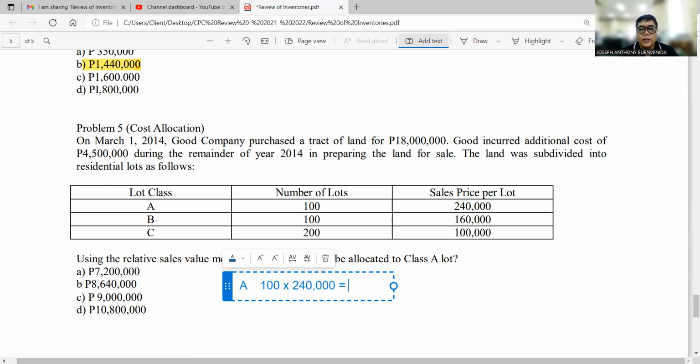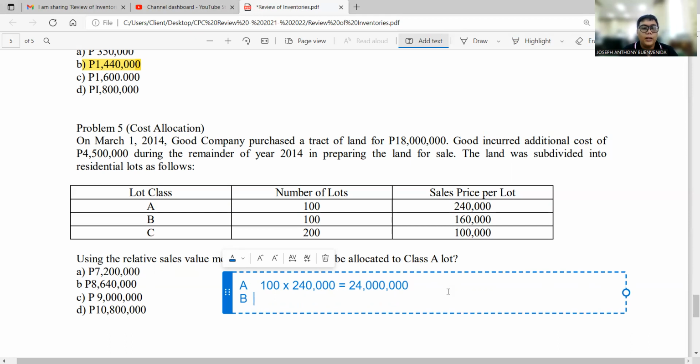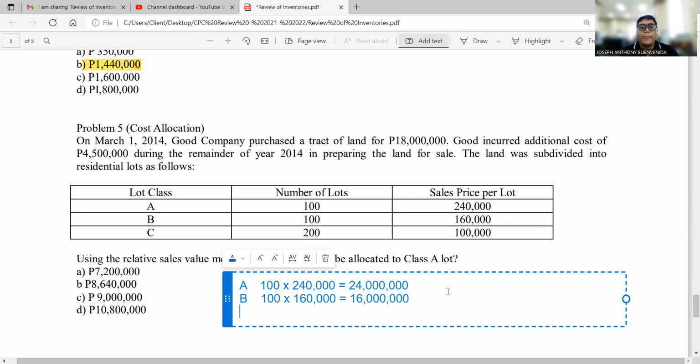So yung value is 24 million. Next. Si B, 100 ka lots multiplied by its price nga 160,000. So yung value is 16 million. Si C, 200 lots multiplied by its cost. So 20 million. Okay?